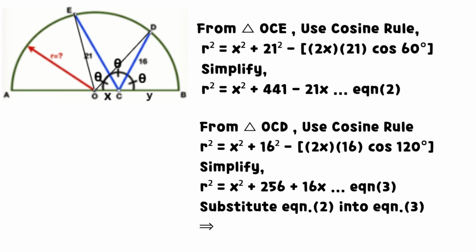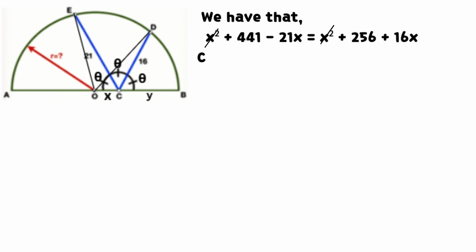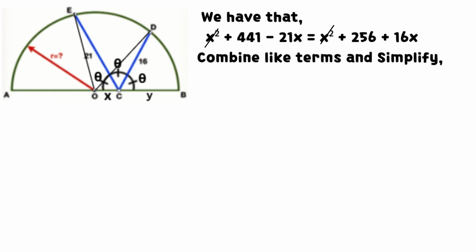Substitute equation 2 into equation 3. We have that the sum of the square of x and 441 minus 21 times x equals the sum of the square of x and 256 plus 16 times x.